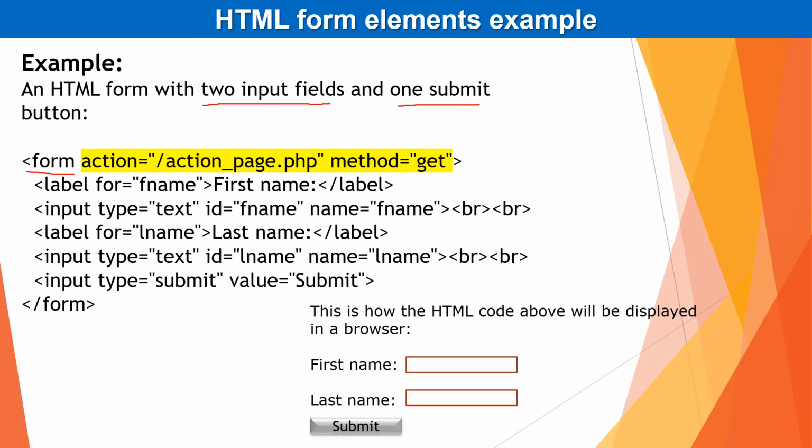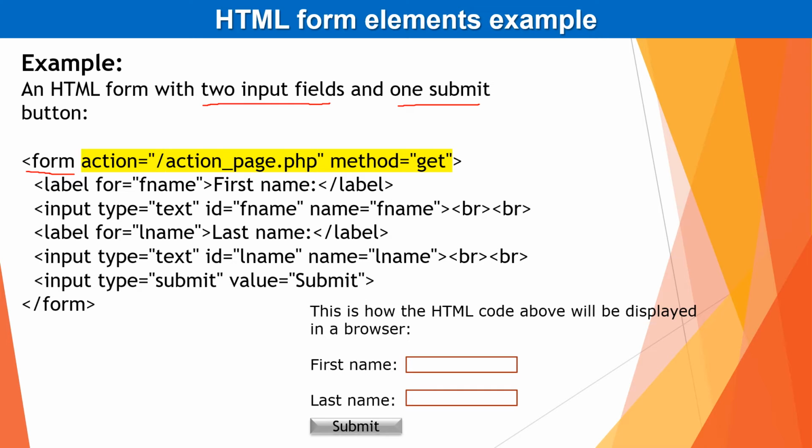The next very important form element is input. The input type is equal to text. What is this type? Type is an attribute, equal to text, which is given in double quotation. That is also the value of this type.